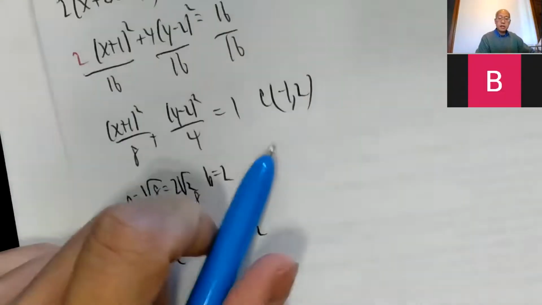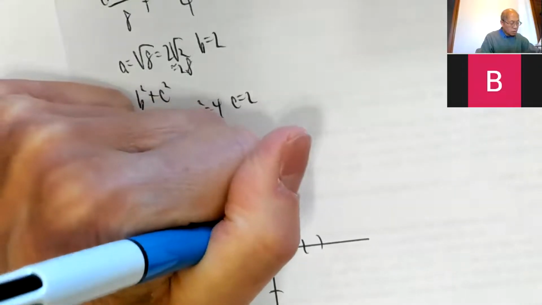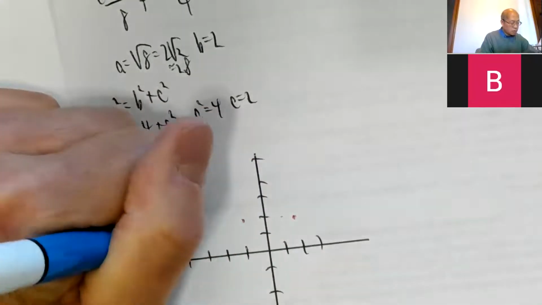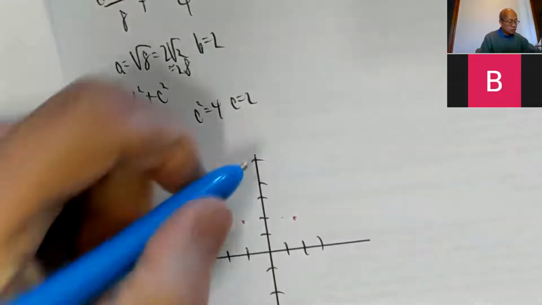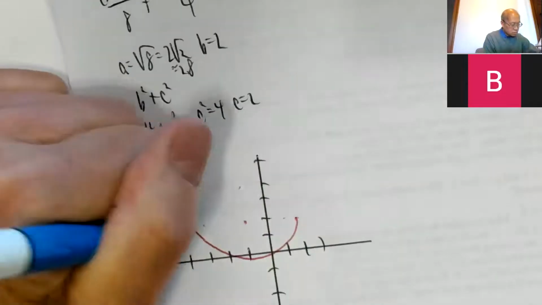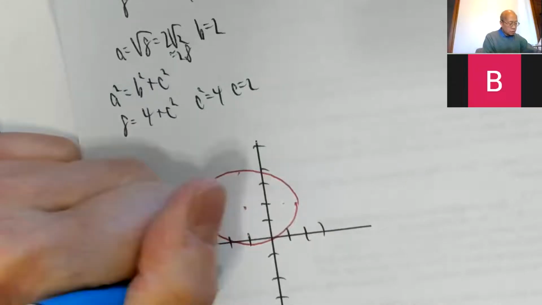Okay, so my center is -1, 2. Left and right is 2.8, 1, 2, almost 3. Up and down is 2. Okay, so here's the center.